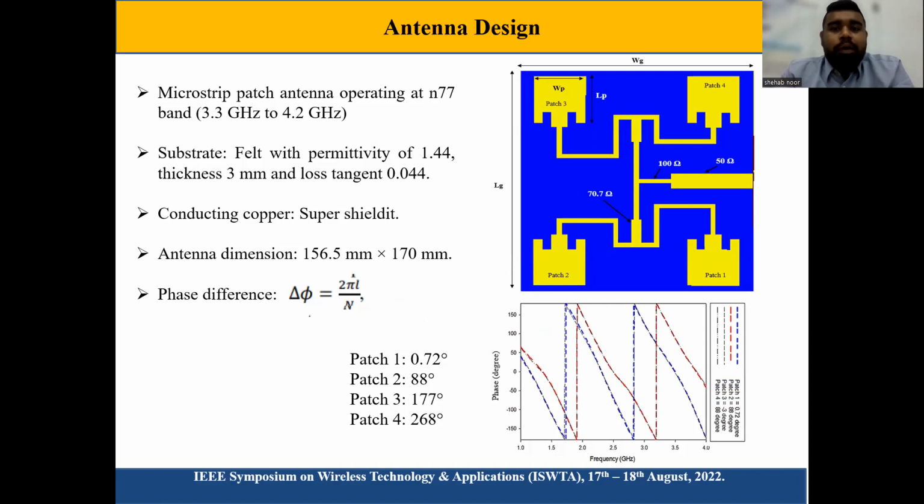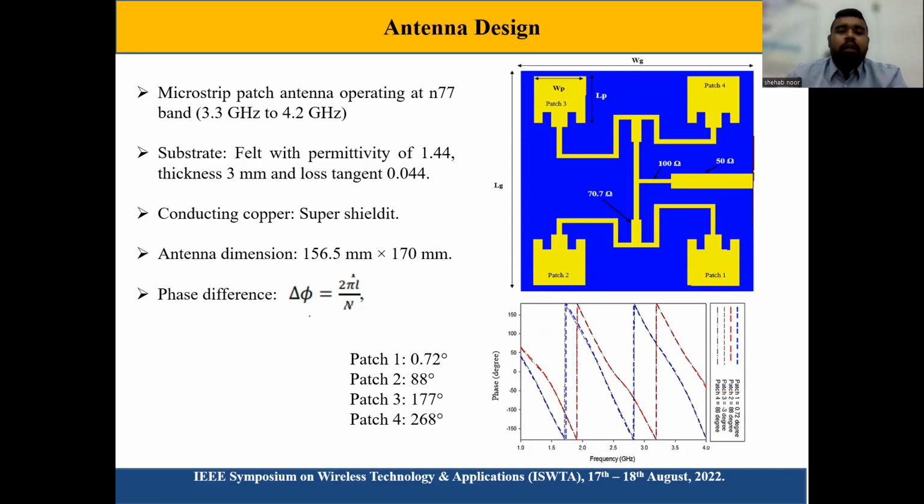Talking about our antenna design, I have used the concept of microstrip patch antenna, and my research was focusing on the N77 band, which is 3.3 gigahertz to 4.2 gigahertz. N77 is one of the new radio bands of 5G. The substrate that I have used is felt with permittivity 1.44, thickness 3 mm, and loss tangent 0.044.